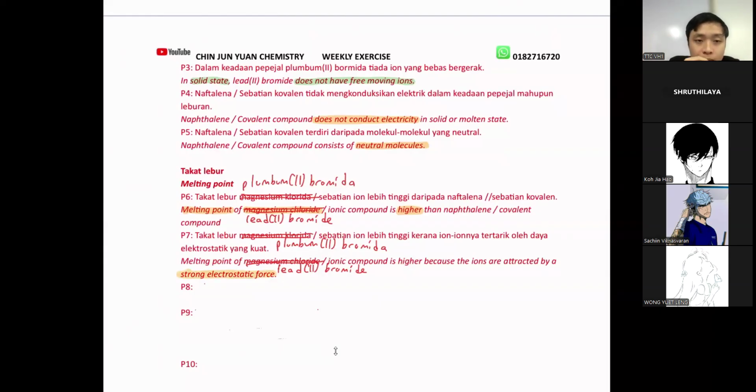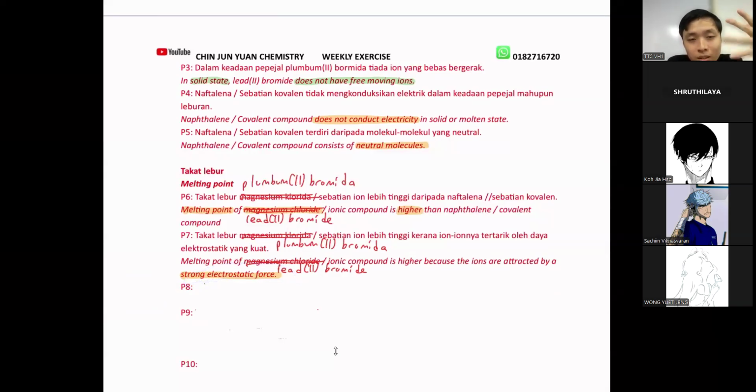Number 7. Number 8. Strong means you need more heat energy to overcome the force.